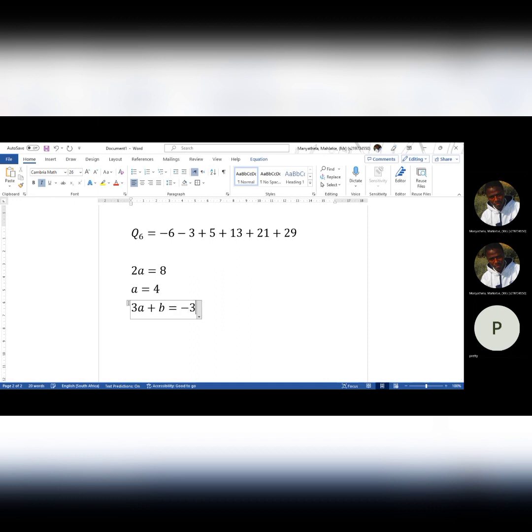Then replace a with what we got, which is 4. 3 times 4 is 12.